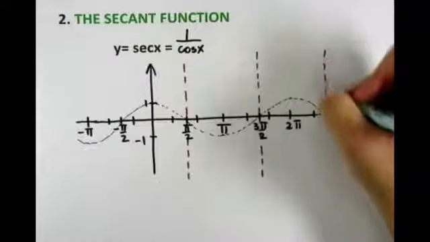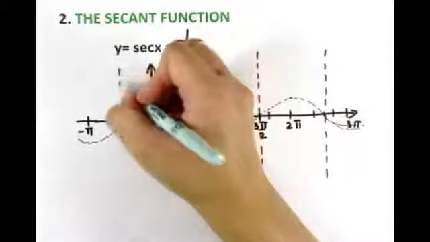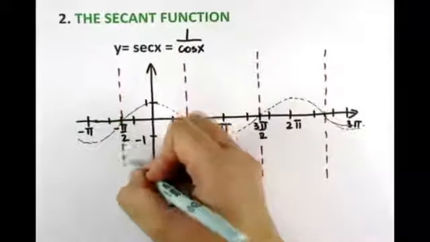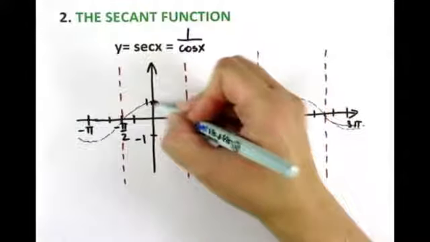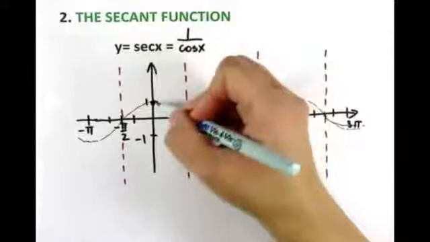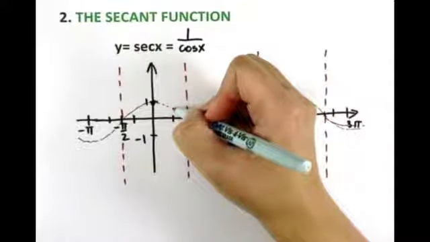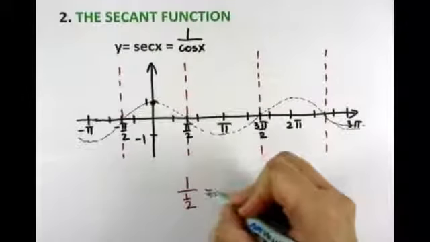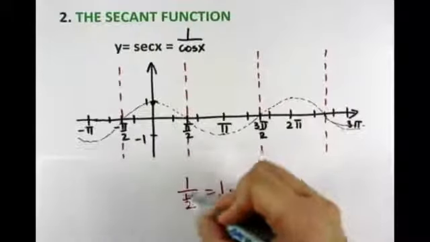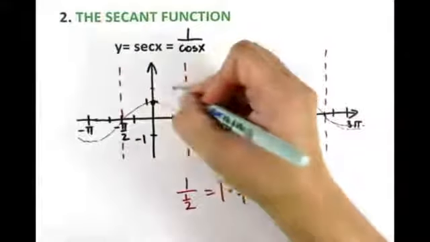So in halves we have asymptotes, and minus pi over 2. And the same way as before, the value is 1, 1 over 1 is 1, and if I consider this 1/2, 1 over 1/2 gives me 1 times flip this fraction, 2 over 1, which is 2. So this value goes up.